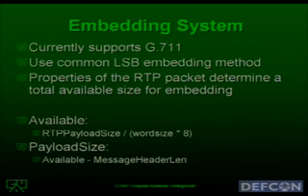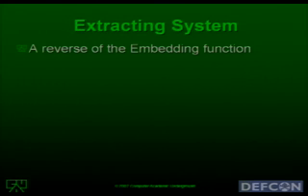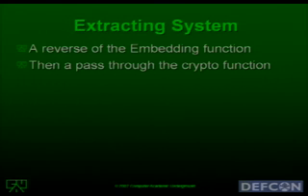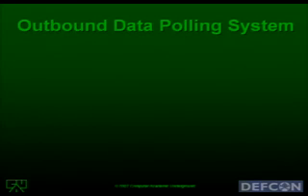And the payload size for the steg message is the total available minus the message header length, which earlier was shown in the diagram. The extracting system is basically just a reverse of the embedding function, passed through the crypto function, with verification of that ID field to make sure that it's a valid message.